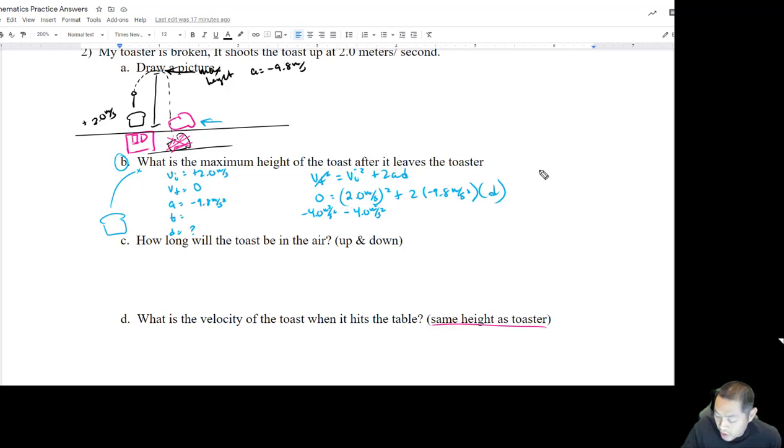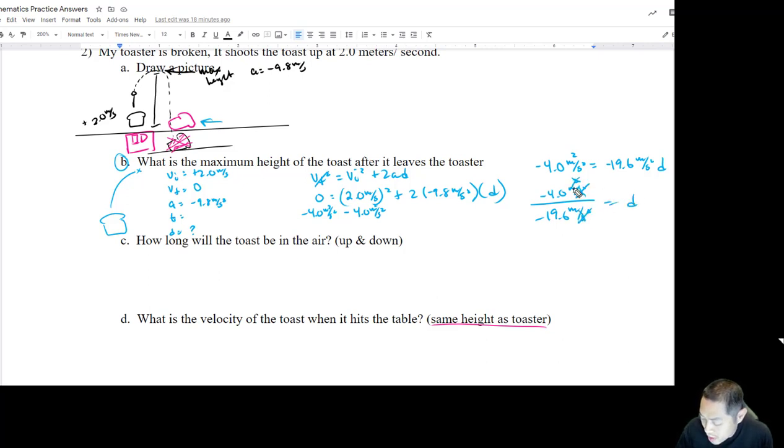And you're left with, over here, negative 4.0 meters per second squared equals 19.6 meters per second squared times D. Move that over, so negative 4.0 meters per second squared on both of them, negative 19.6 meters per second squared equals D. The seconds cancel out.